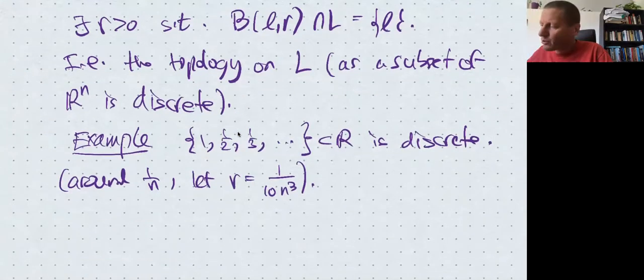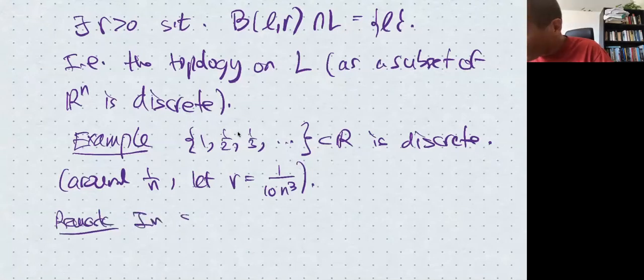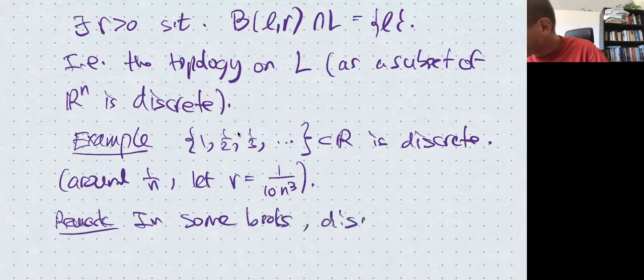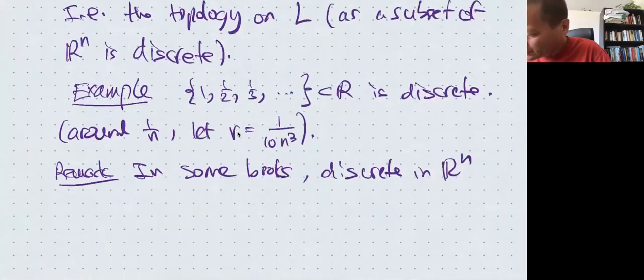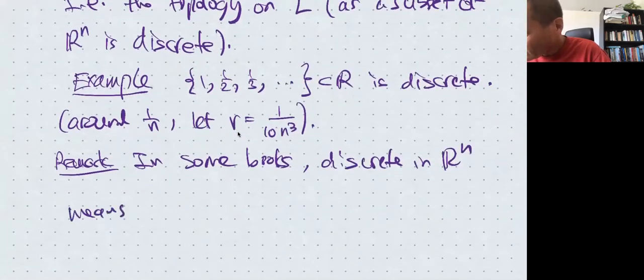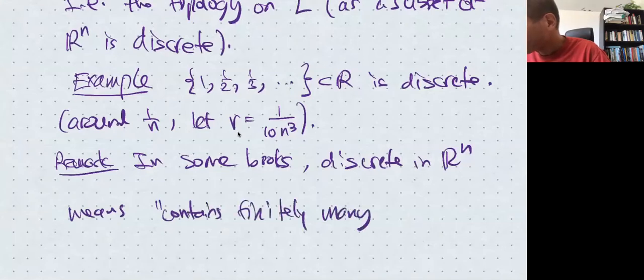In some other textbooks, in some books or literature, discrete in Rn means contains finitely many points in any ball.